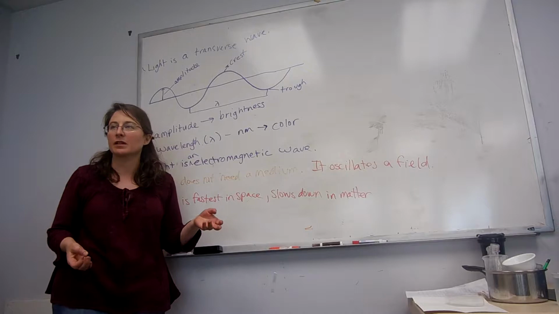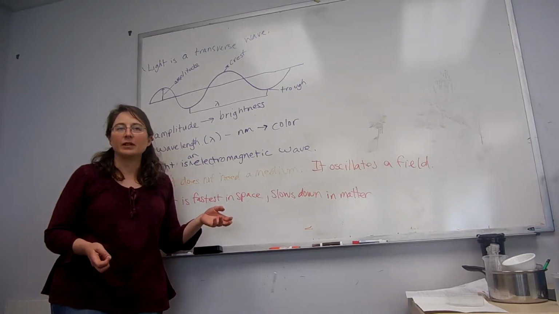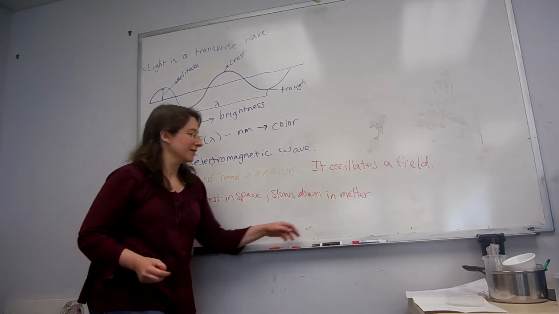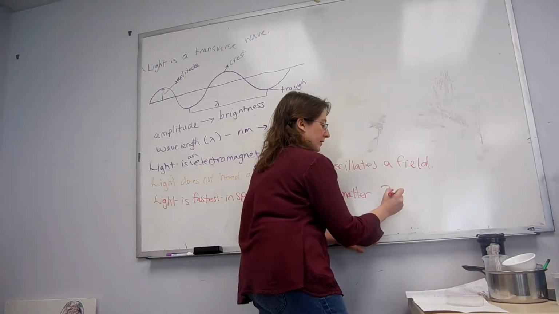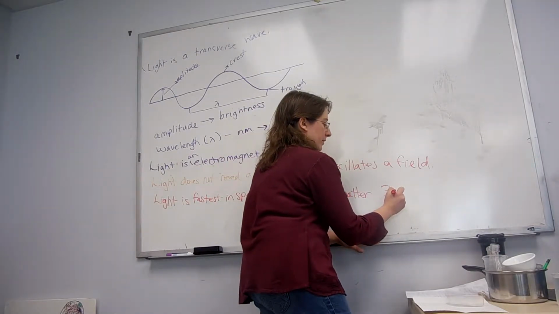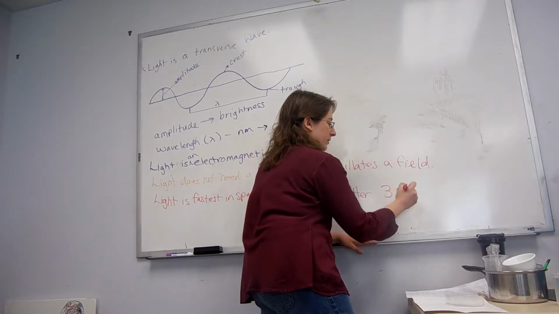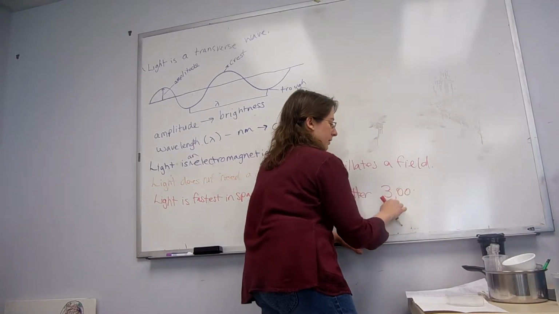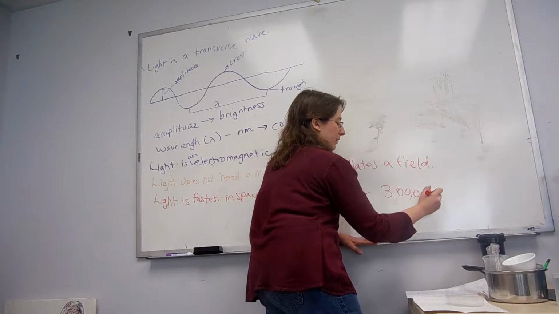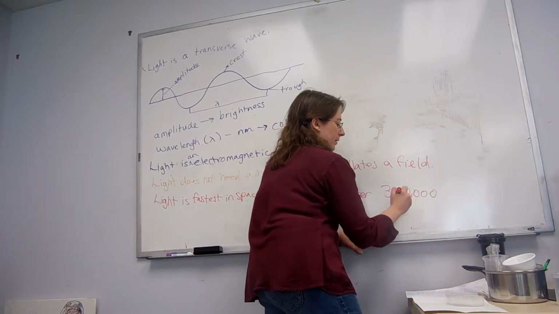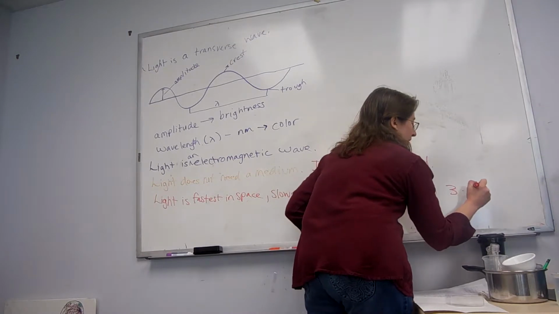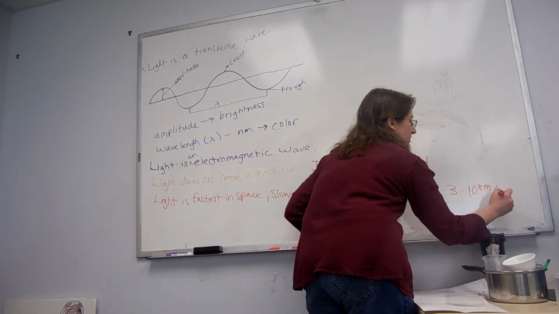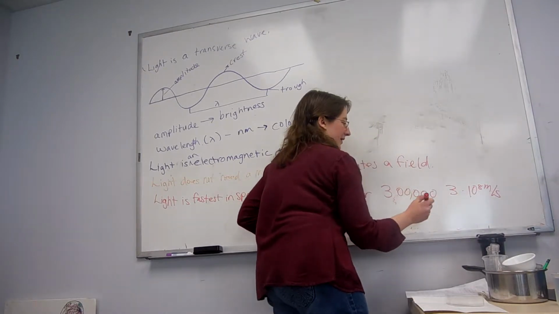Does anyone know what that is? The speed of light? It's like 300 million meters per second. There are like 6 zeros. No, in air it's 3 times 10 to the 8th meters per second. There are 8 zeros.